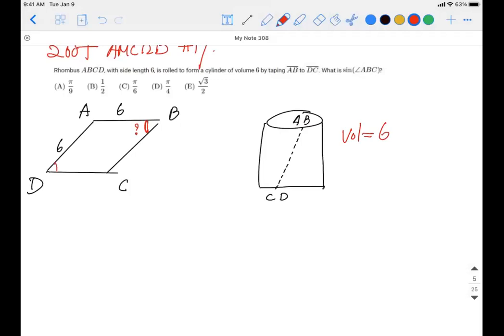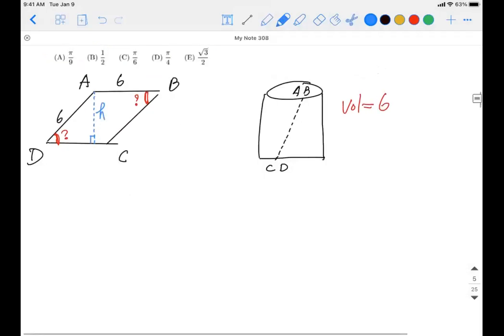Sine ABC is the same thing as sine ADC. So how do we do such a problem? I think this is a basic definition of trigonometry, right? By definition, if I like to calculate the value of sine ABC or ADC, what I have to do is I need to find H, right?